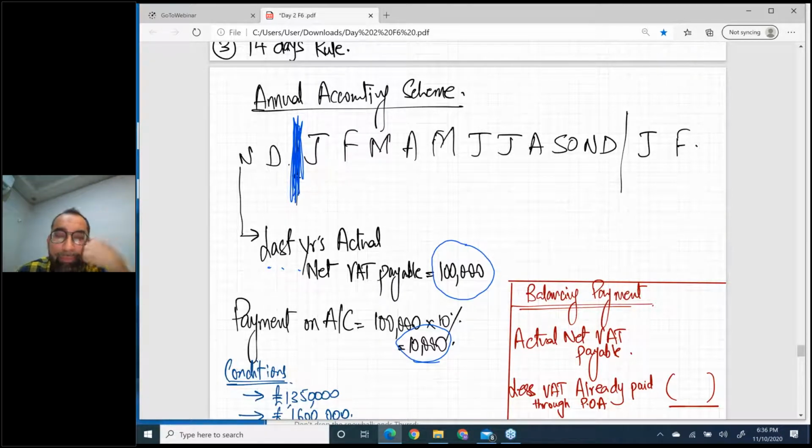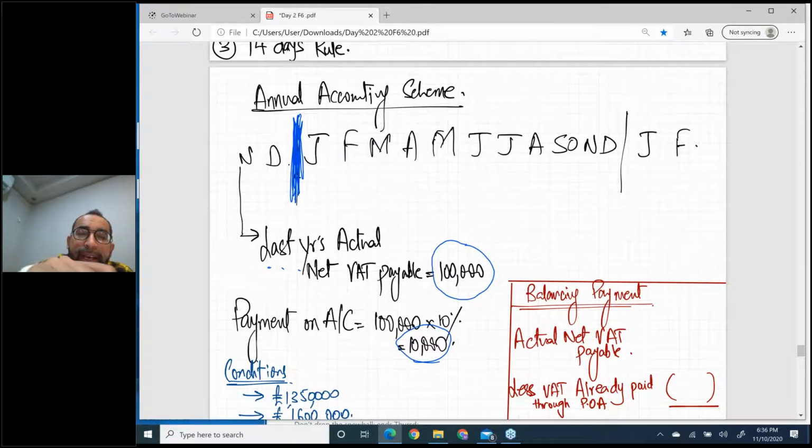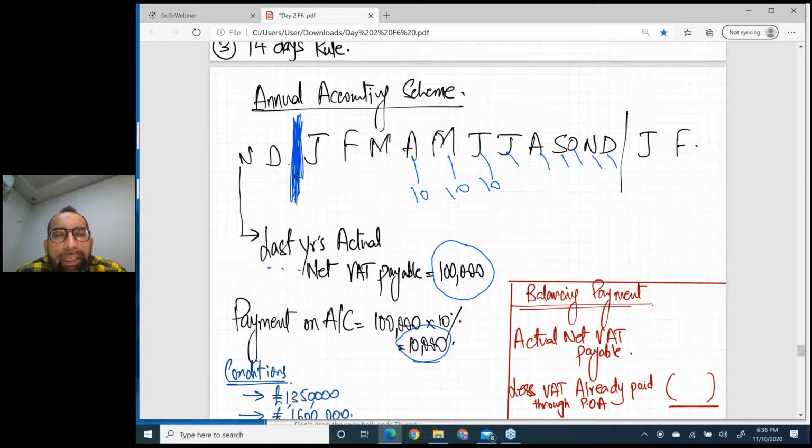Now how to operate? From the scheme joining date, count 4 months. Let us say I joined the scheme on 1st of January.